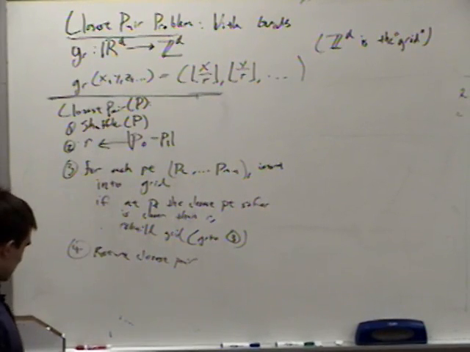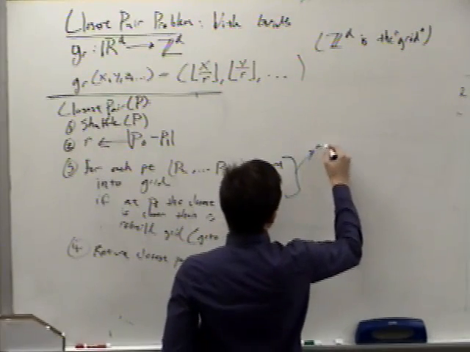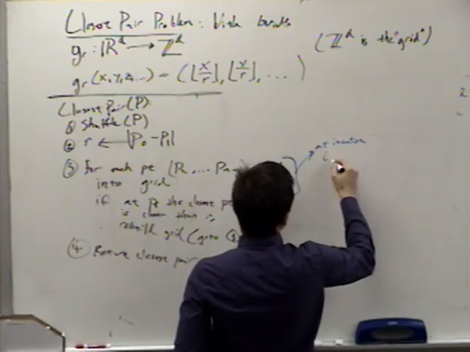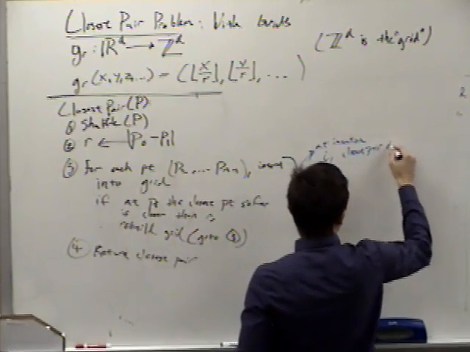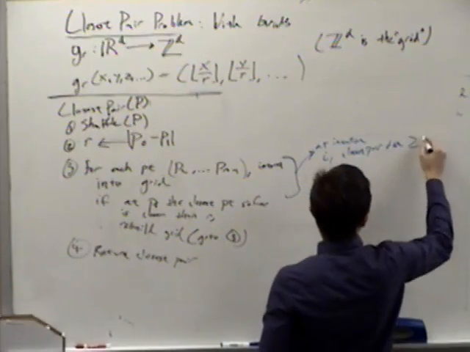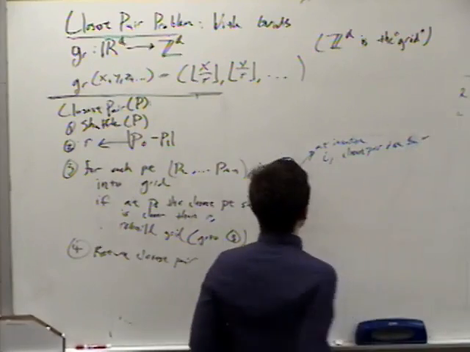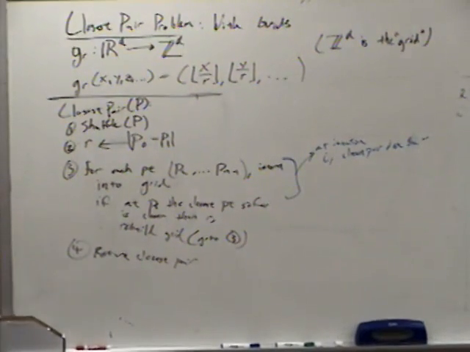So the loop invariant that we have is that at iteration i, the closest pair distance is less than or equal to r. All right, that's the first point to realize. We should be relatively convinced about that.